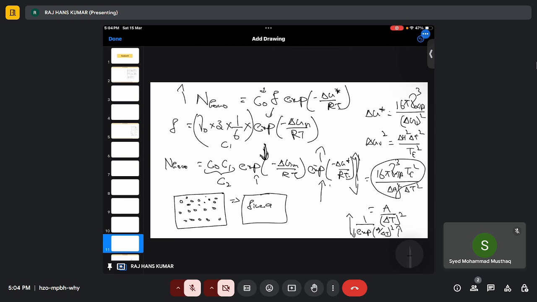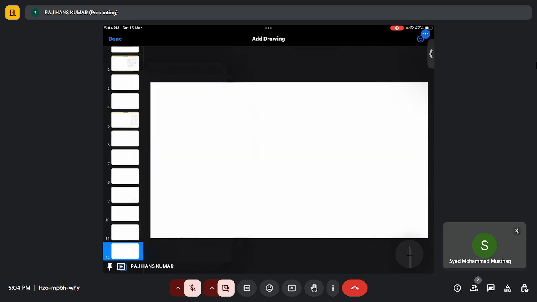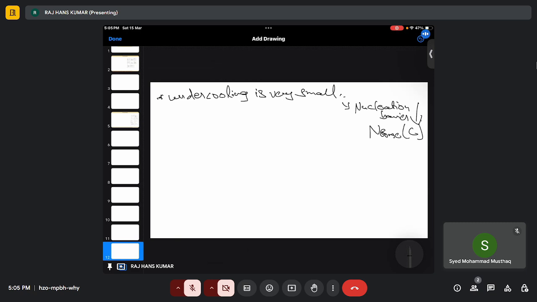Now, if my undercooling is very small, then my nucleation barrier will decrease. That means the nucleation rate, which is the C, will decrease.